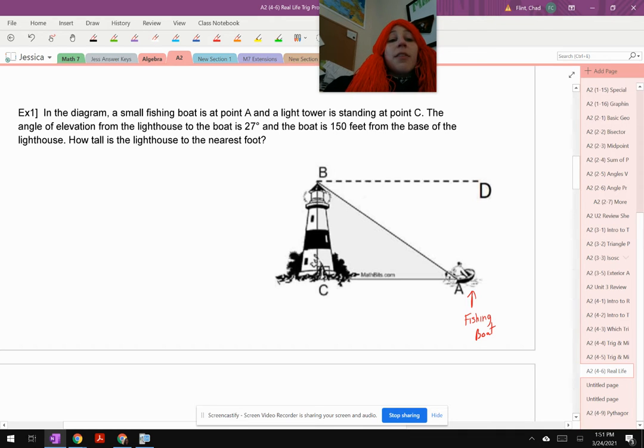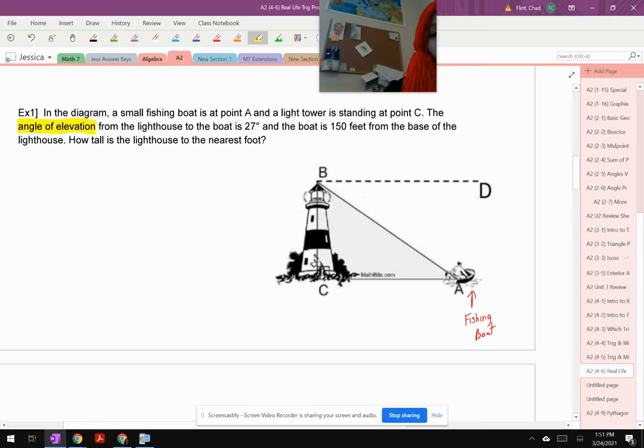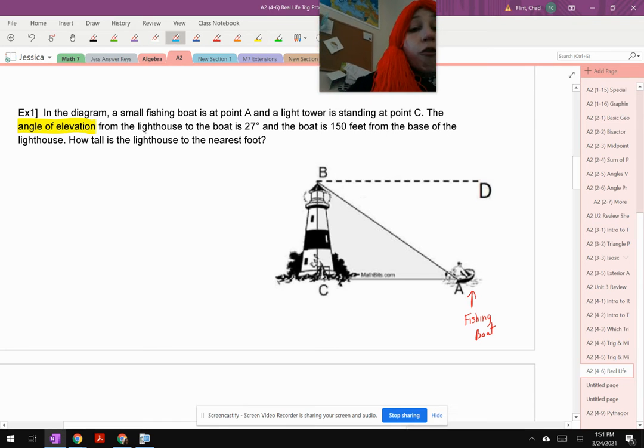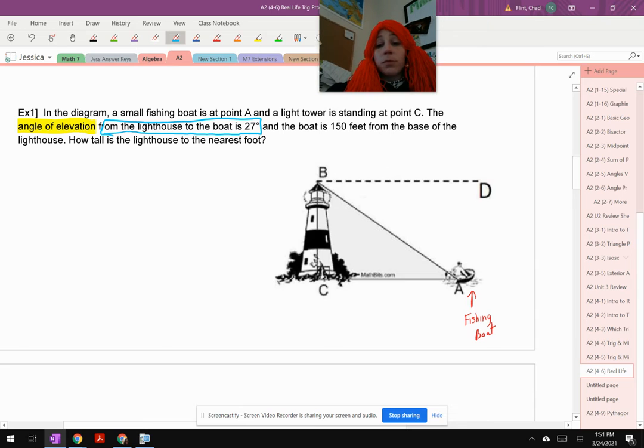Self-explanatory. The angle of elevation, and this is the key word here, that angle of elevation, and again, you have to just read carefully what it says next. From the lighthouse to the boat is 27 degrees.